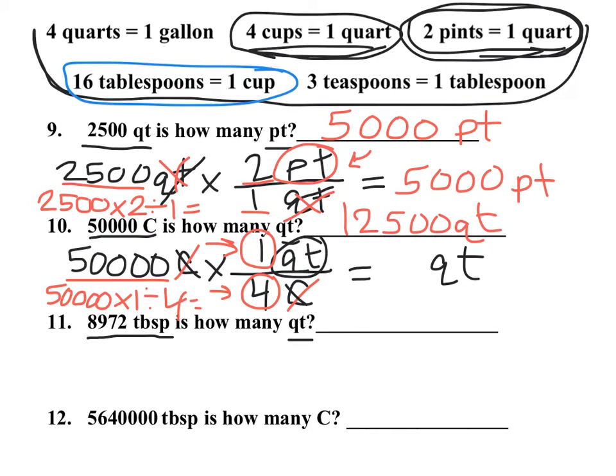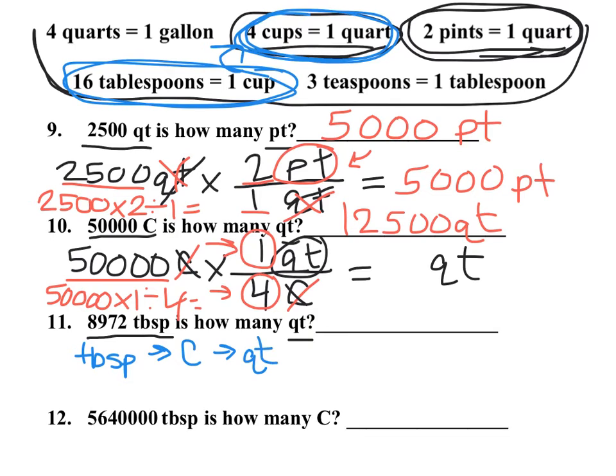I do know, though, that if I convert to cups, I can then take my cups and convert to quarts. So it looks like I'm going to have a multiple step problem. I'm going to start in tablespoons, then convert to cups. Then once I'm in cups, I can convert to quarts. So it's going to be a 2-step problem, a part A and a part B.